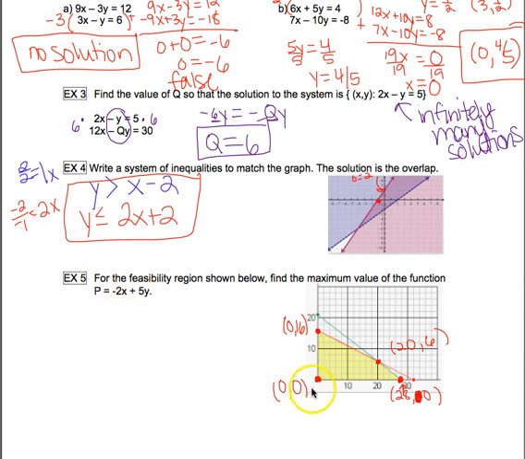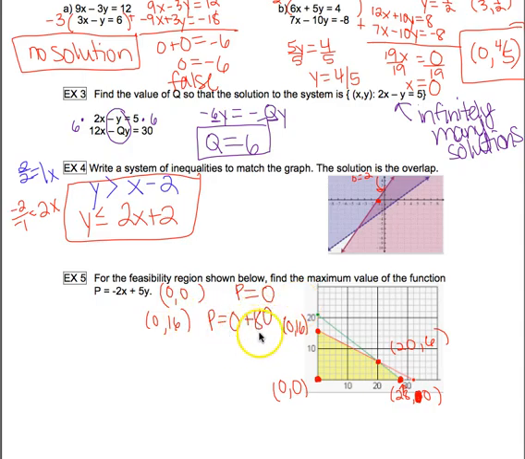Now, obviously, 0, 0, that's going to give me 0. So at 0, 0, P equals 0. When I do 0, 16, that would mean I'd be plugging in 0 for x, so P equals 0 plus, and then my y is 16, so I would do 5 times 16 in my calculator, which gives me 80.